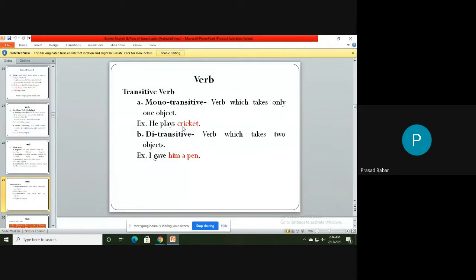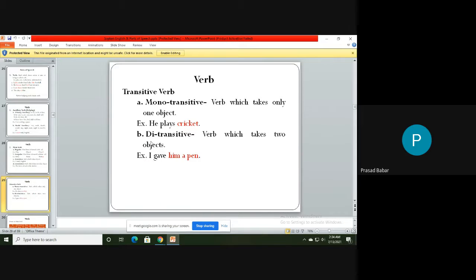So then in the example, he plays cricket. In this sentence, after the verb, there comes only one object. Which is that object? Cricket. So that is why this verb plays is a monotransitive verb, because there is only one object which follows the verb.